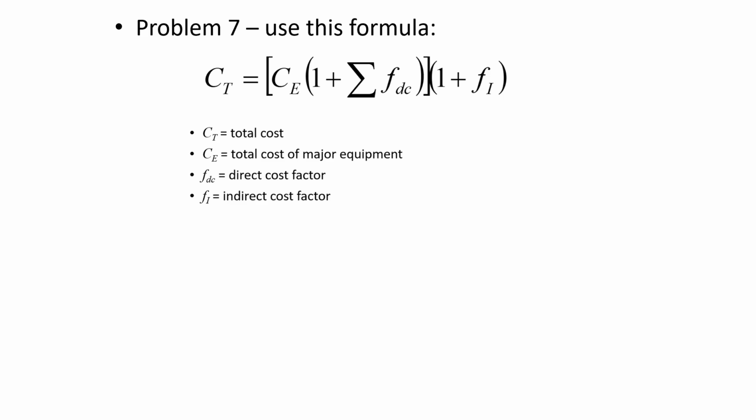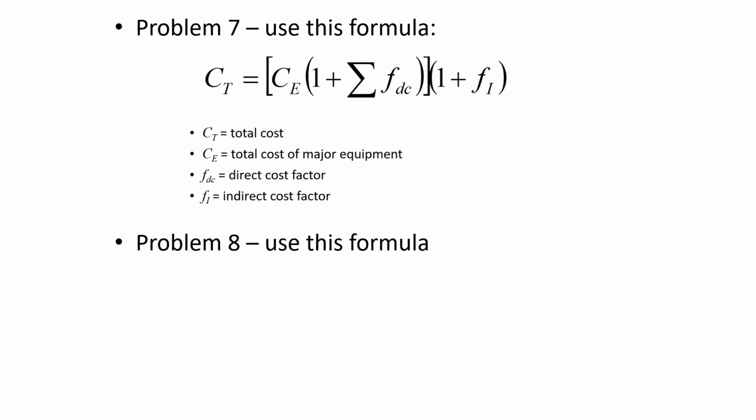And so those are added on top of the direct costs. So there may be some factors related to the direct cost, which is actually buying the item and putting it in service, but then those indirect cost factors are over and above that. So I just wanted to emphasize that this is the equation that you should use for problem 7.